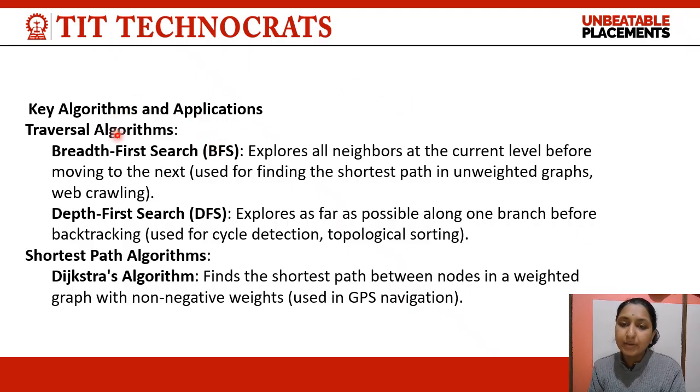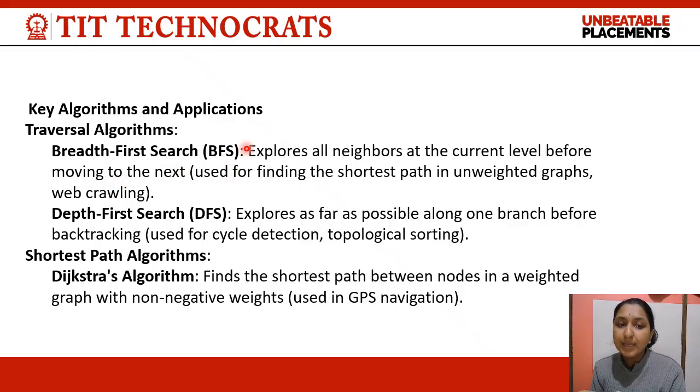Traversal algorithm. Traversal means when we move from source to destination using different techniques, that is called traversal algorithms, right? Basically, it is divided into two parts, that is breadth first search and depth first search. Breadth first search explores all the neighbors at the current level before moving to the next, right?